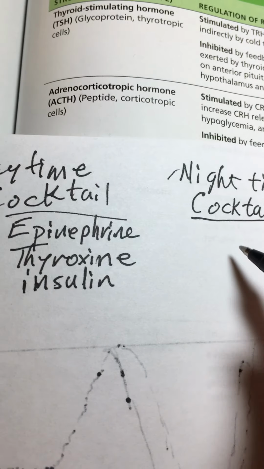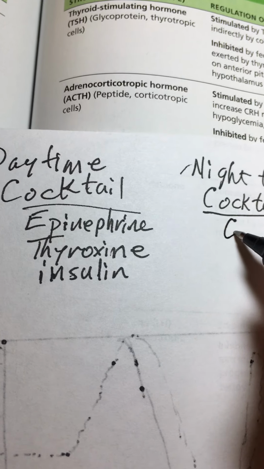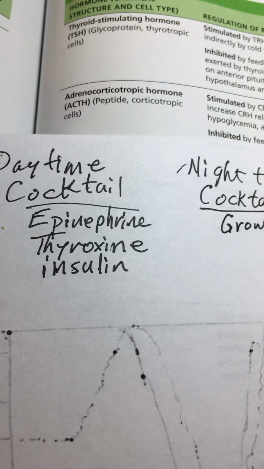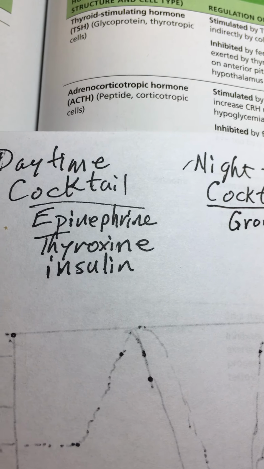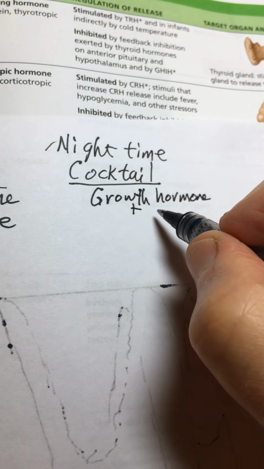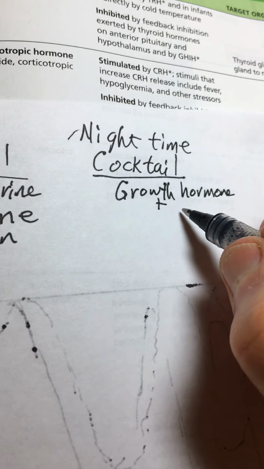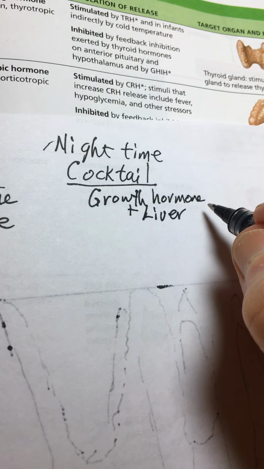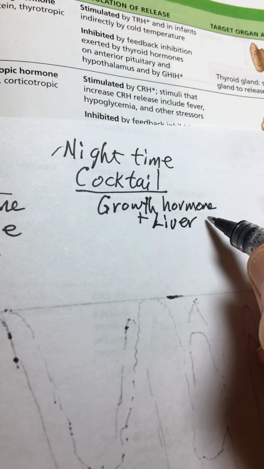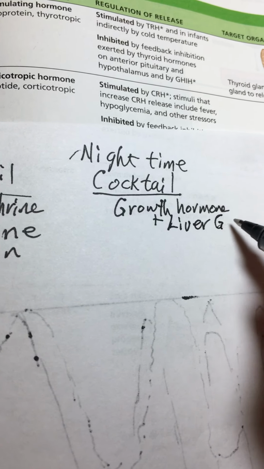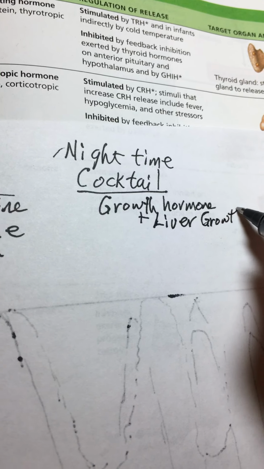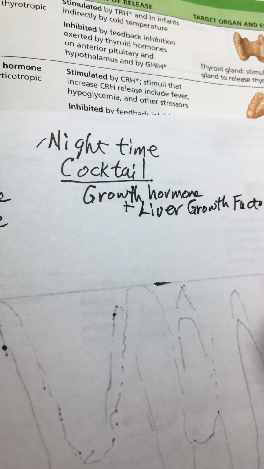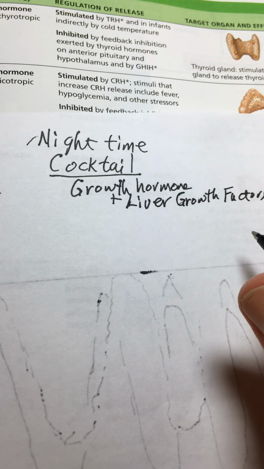The nighttime cocktail is predominated by growth hormone. And as we'll see, there's also the attendant liver somatomedins, or sometimes called liver growth factors. The liver makes over 300 varieties of growth factors for the 300 varieties of tissues. And the growth factors become resident in the tissues and act at that level locally.